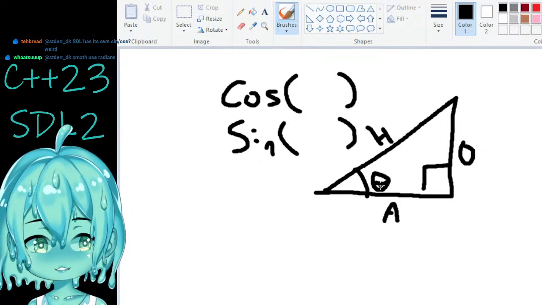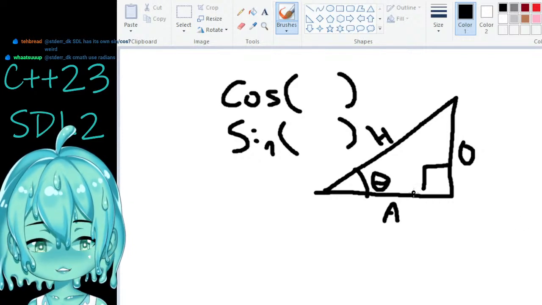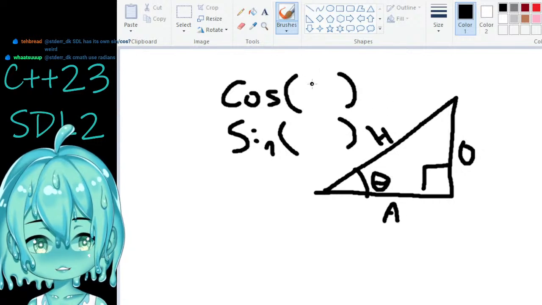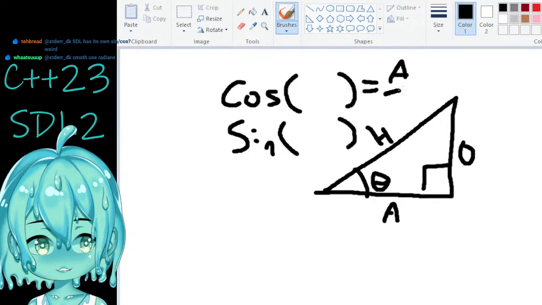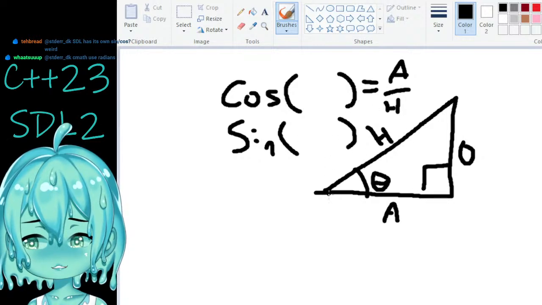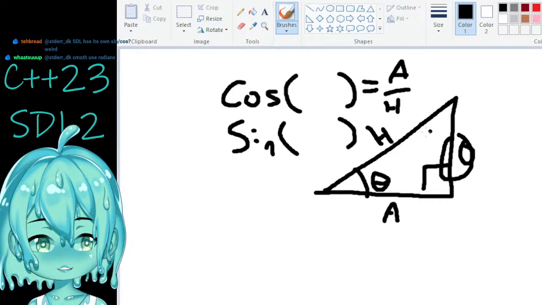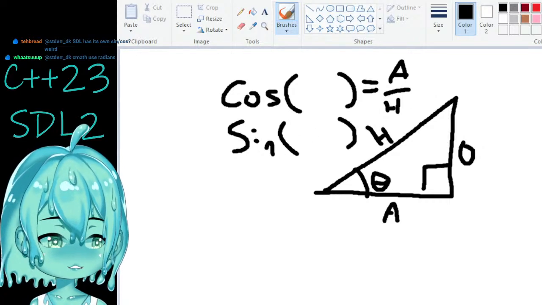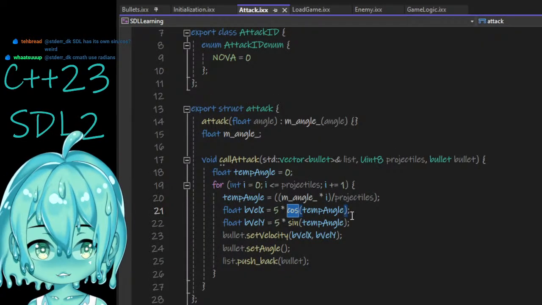Now in our case, SOHCAHTOA. Cosine is adjacent divided by hypotenuse, and sine is opposite divided by hypotenuse. Okay, that's all fine and dandy, but what's going on here?